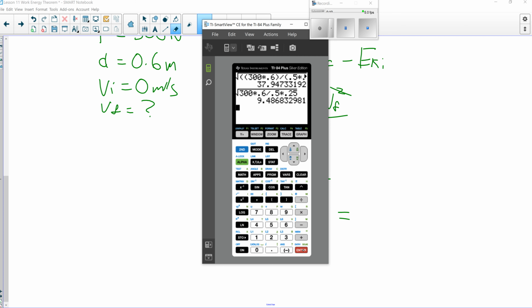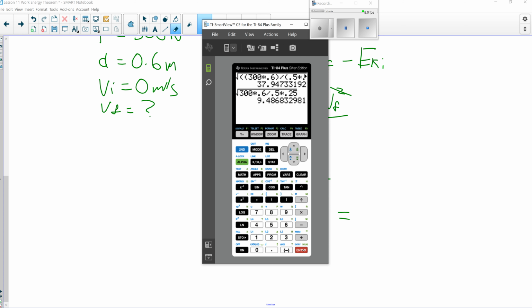Did I get the same answer? No, because it went from right to left, which is not the same thing as dividing the top by the bottom. So if you've got something on the top and something on the bottom, enclose the top, enclose the bottom, or do those operations separately.